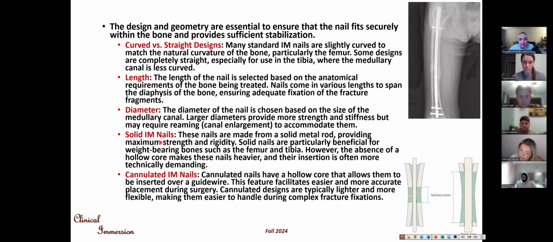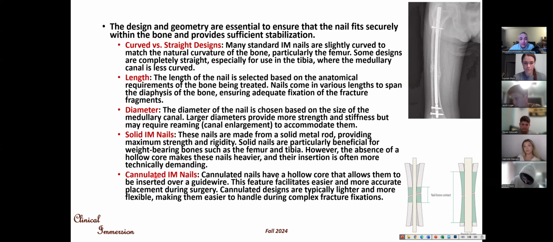Some nails are solid, some nails are cannulated. Cannulated nails are the choice for today's surgeries because we can reduce the fracture and insert a guide wire first. A guide wire is a small wire. We can pass it inside the medullary cavity.